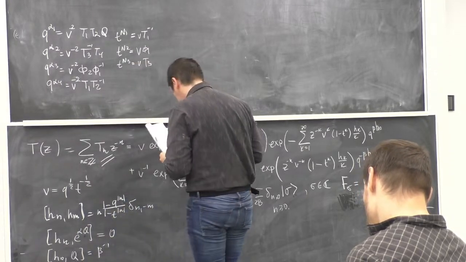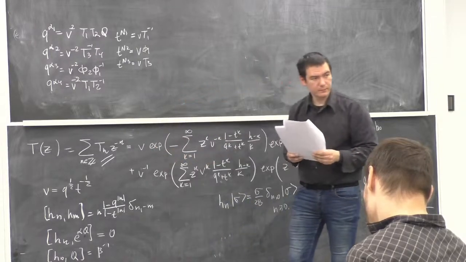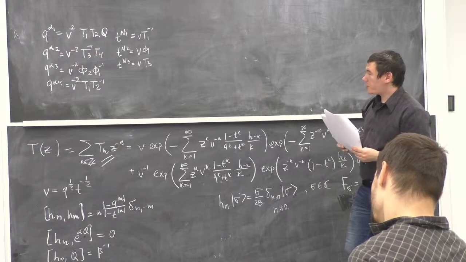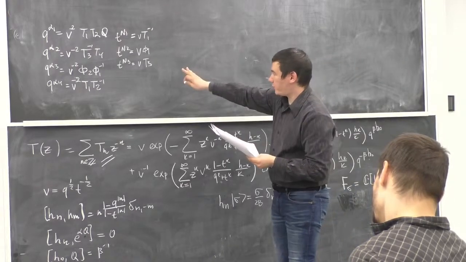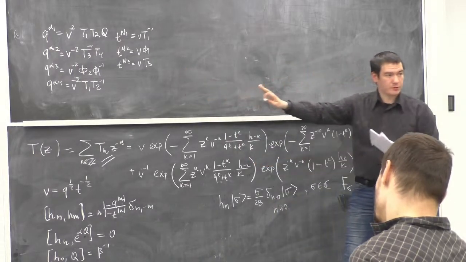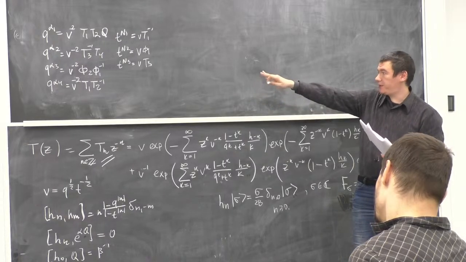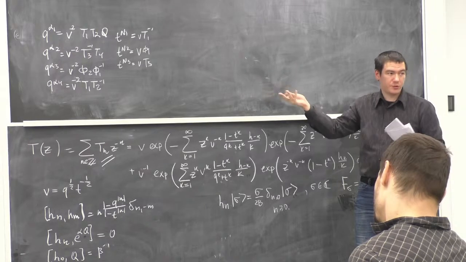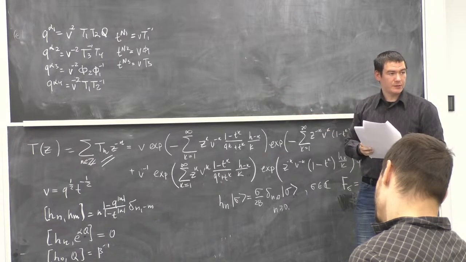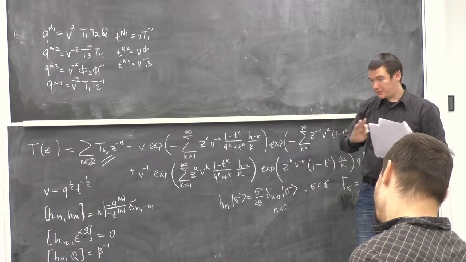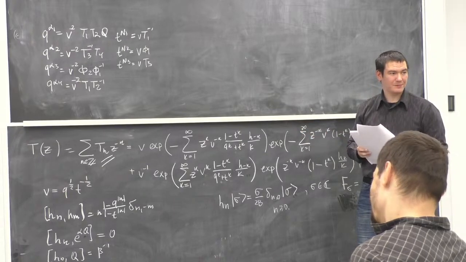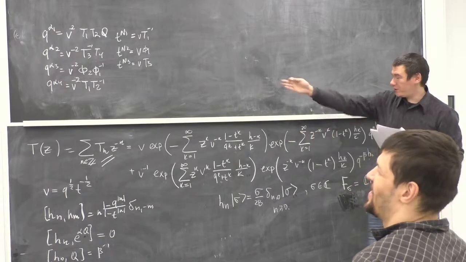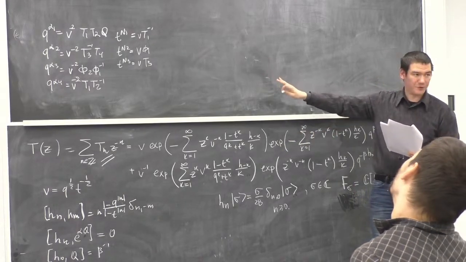So none of these are operators. This is just a clash of notation. So big T is just 4 numbers: T1, T2, T3, T4 are just 4 numbers. This is just an unlucky notation because everybody knows these T and I couldn't do anything with this.